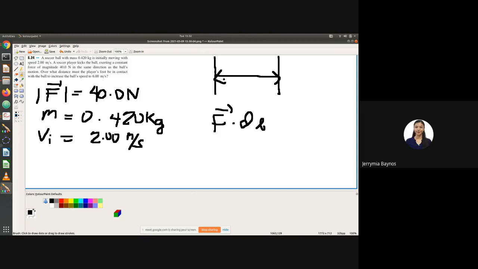So, naa siya final velocity. Analyze it. Murag pagsipa ba? Kanang murag idaro nimo ang bola, dili kanang mawala ang kontak sa bola.